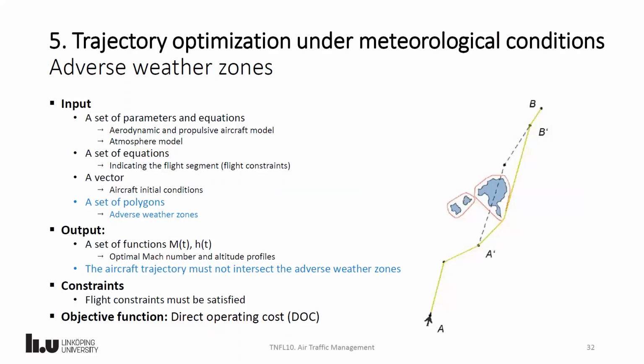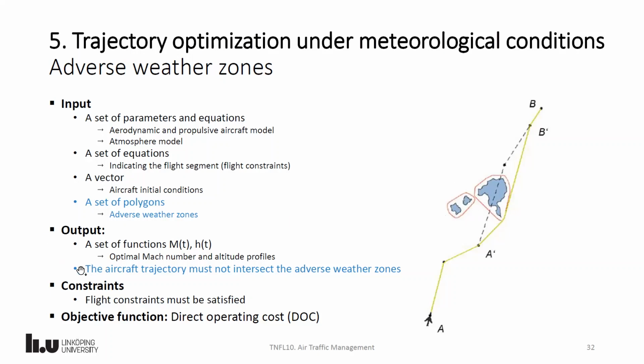So it's better that the aircraft trajectory does not intersect these adverse weather zones. If we try to include adverse weather zones in our optimization problem, we would have to include them as an input: a set of polygons that represent the adverse weather zones. In this figure, they are the polygons in red.